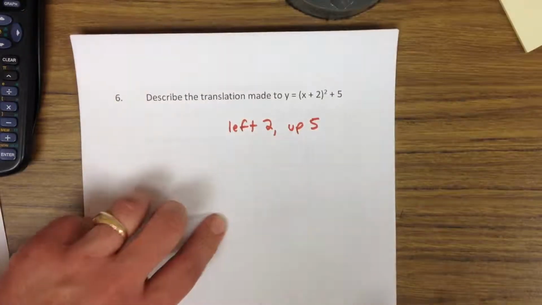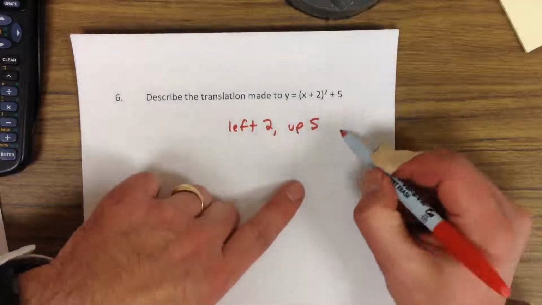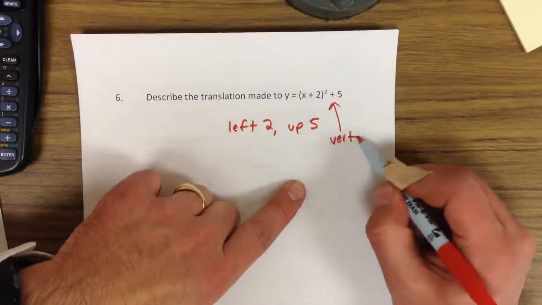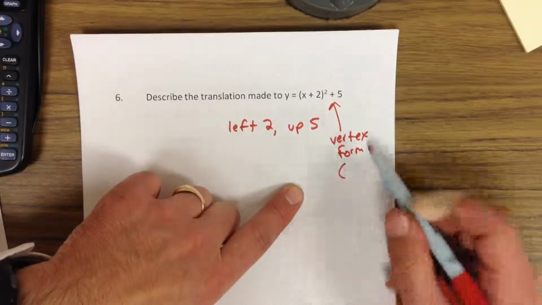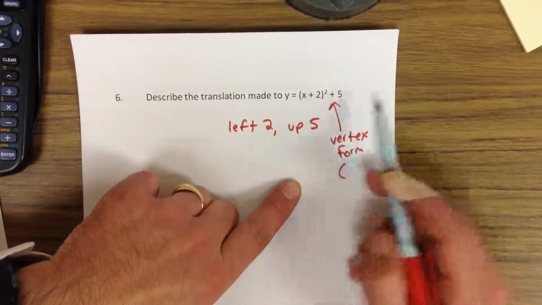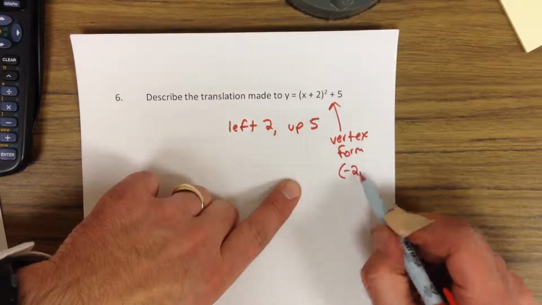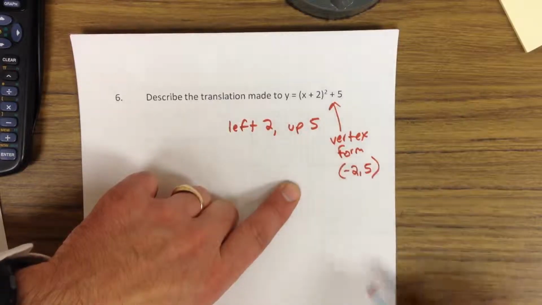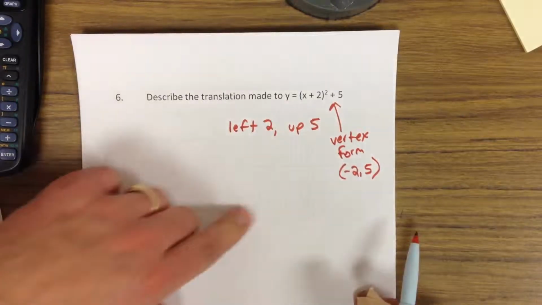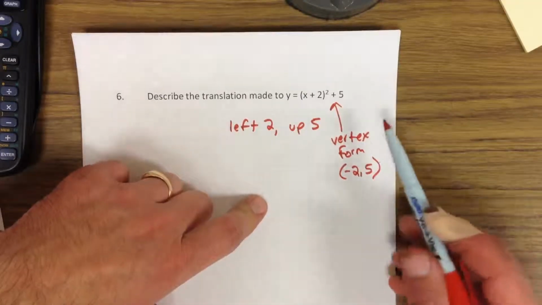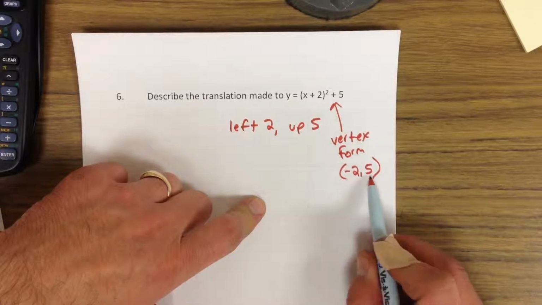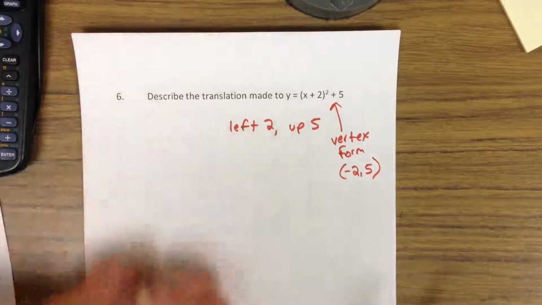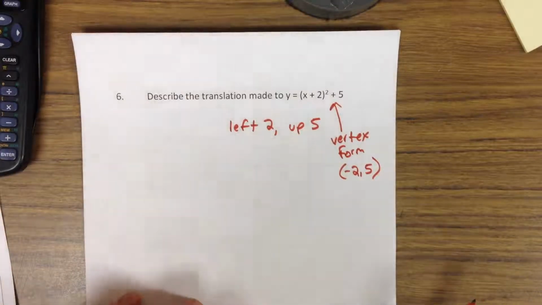And also, if you think about this, this is vertex form, and we can think about the vertex by just looking at this part and this part, and the vertex is negative 2, 5. So the center of this graph moves left 2 and up 5 compared to y equals x squared.